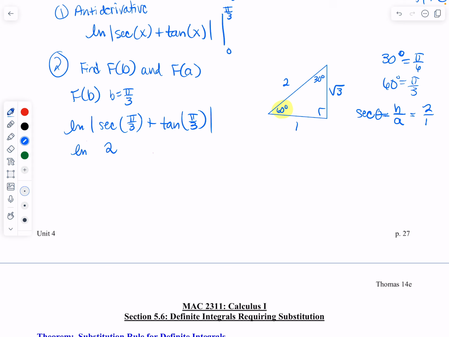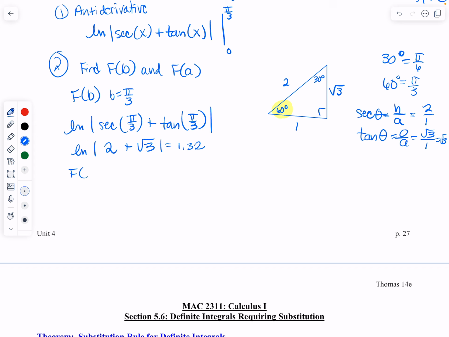So ln of 2 plus. Now I have to find tangent. Tangent is opposite over adjacent. So opposite is radical 3 over 1, which is radical 3. So plus radical 3. Okay, so when I do that on the calculator, I get 1.32. Okay, that's f at b.